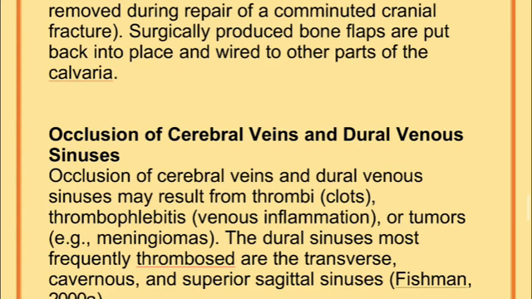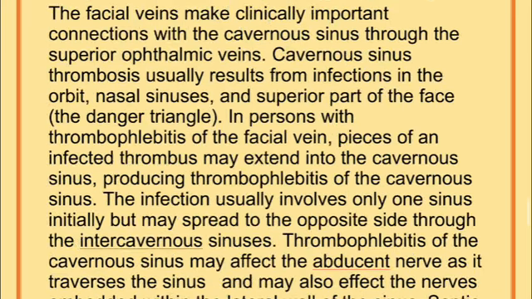It could also result from tumors like meningiomas. The dural sinuses that are most thrombosed are the transverse, cavernous, and superior sagittal sinuses. The facial vein has an important clinical connection with the cavernous sinus via the superior ophthalmic vein.